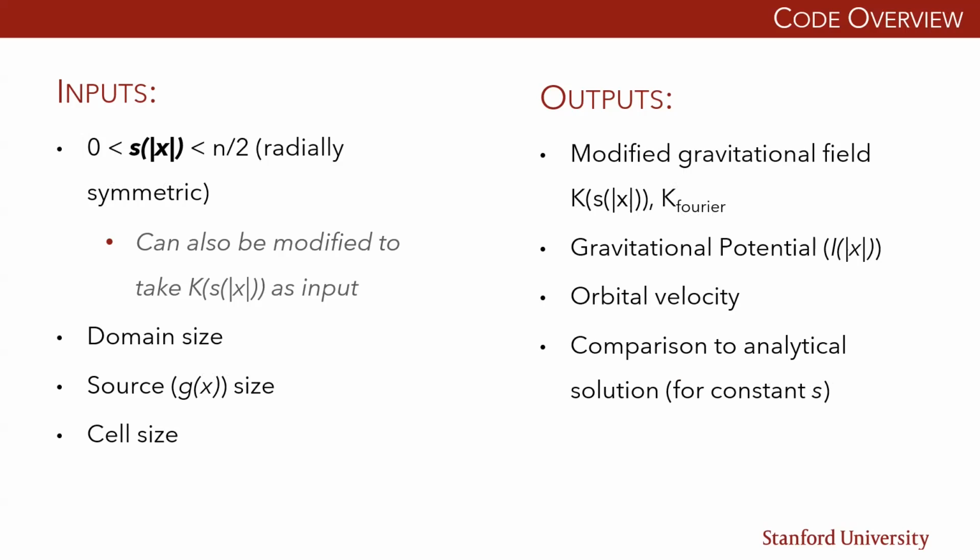The code outputs k, the kernel, the Fourier transform of it, the gravitational potential, which is the solution to the problem, the f of x from the previous slide, the orbital velocity, which for the gravity problem is a quantity of interest that can be observed experimentally, and also a comparison to an analytical solution that one of our collaborators was able to arrive at for a constant s.